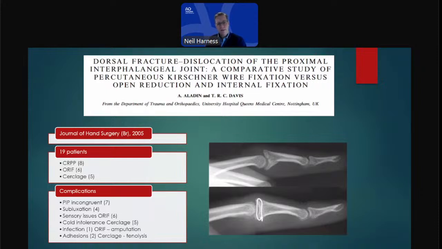All of the ORIF patients they reported had some degree of sensory issues. All of the cerclage wire patients had cold intolerance. One of the patients with ORIF, so 1 out of 6, ended up with an infection that was severe enough to require an amputation. And 2 patients with cerclage wire fixation ended up having adhesion formation requiring tenolysis.